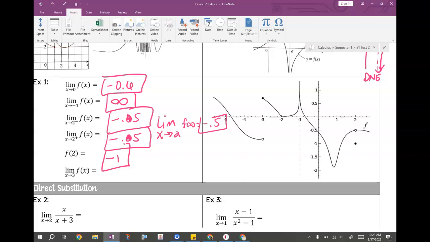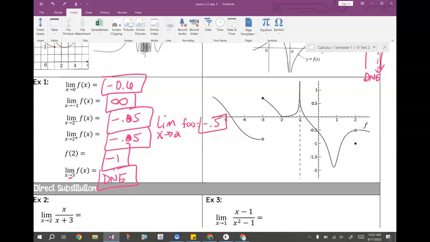I mean, it exists. Is there enough? Yeah, you can't see it over there. So here's what we're going to do. Let's switch it to a -3 instead. All right, limit as we are approaching -3. What is it? D and E. Why is it D and E?